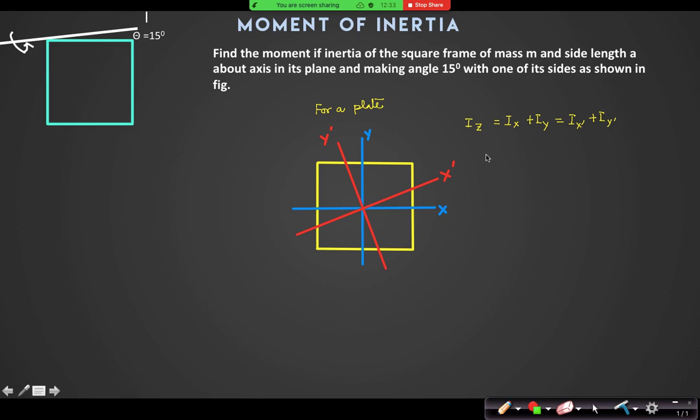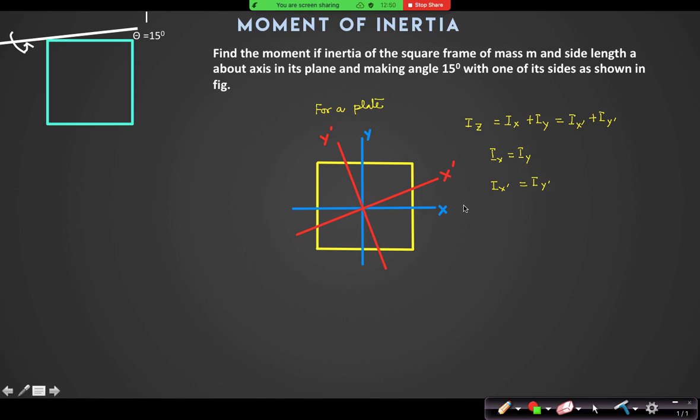It is. And if Ix is equal to Iy, can we say that Ix prime is also equal to Iy prime? By virtue of symmetry, yes.